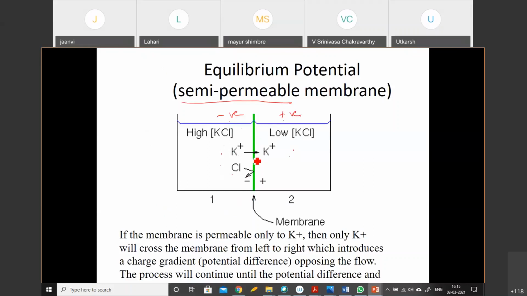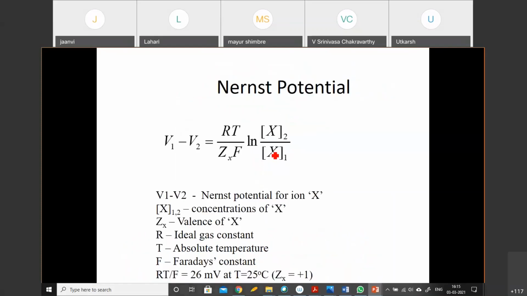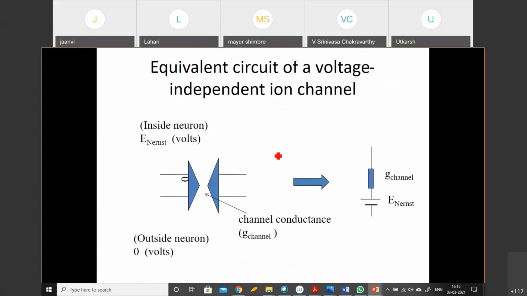There are ion channels which are selectively permeable to potassium ions, and there are ion channels which are selectively permeable to sodium ions. So the presence of these semi-permeable ion channels arranges the conditions required to produce this Nernst potential. That is how a neuron is able to generate a membrane voltage.